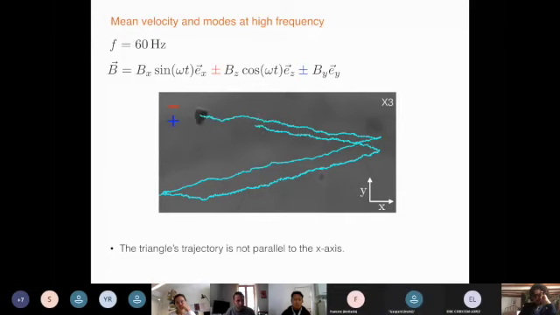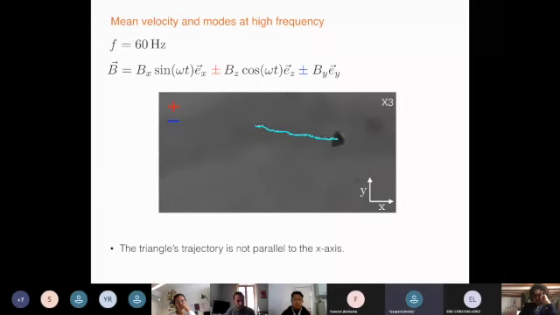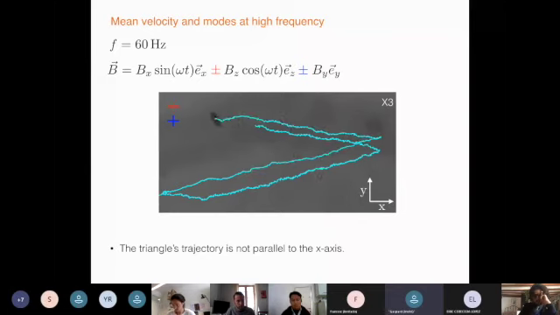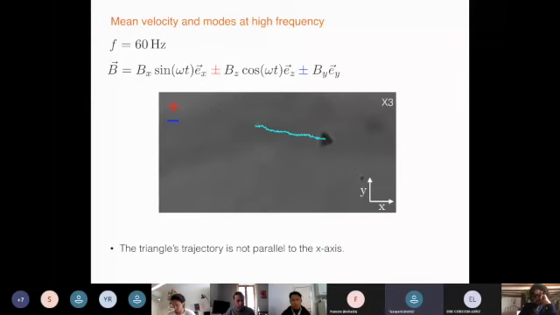And a striking fact, or at least something that could be surprising, is that the triangle's trajectory is not parallel to the x-axis. You would expect that with a circularly polarized field in the XZ direction, the triangle would move parallel to the x-axis, but it's not.